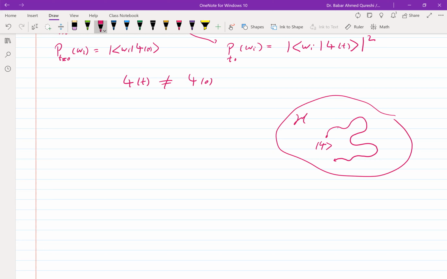And you can pick it at any time. And whatever the state vector becomes after some time, you can find all the information is still contained in the state vector. It just keeps changing from time to time.